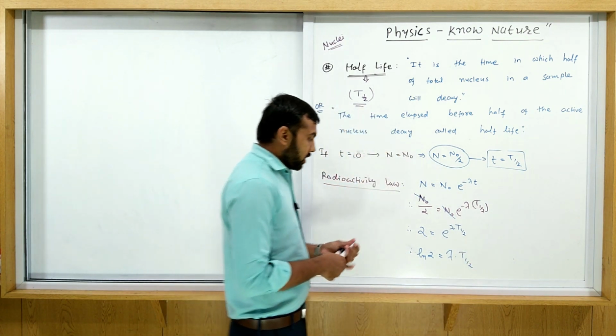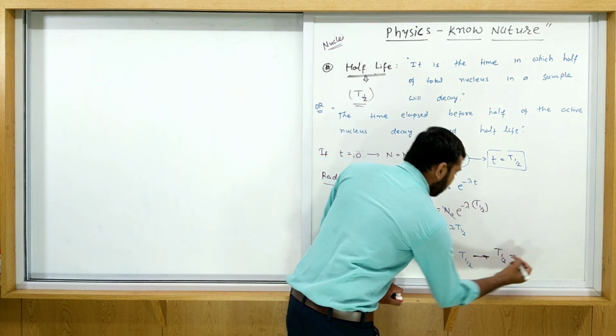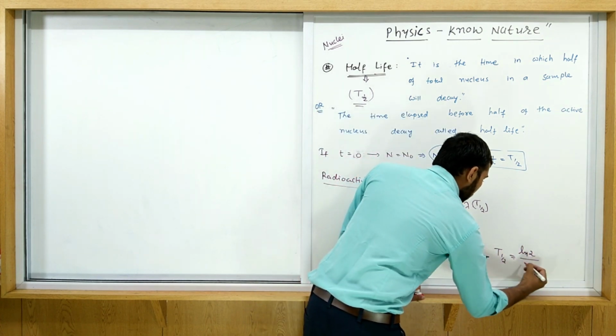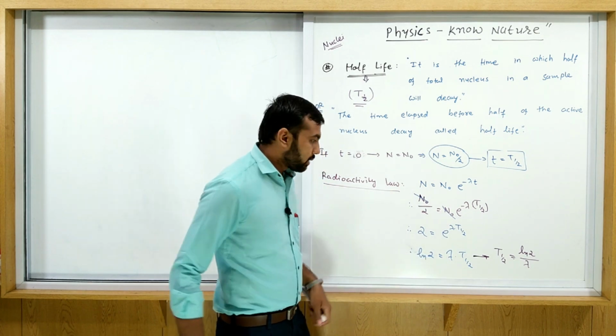Now take T1/2 to the left side of this equation. So T1/2 is equal to ln2 upon lambda.